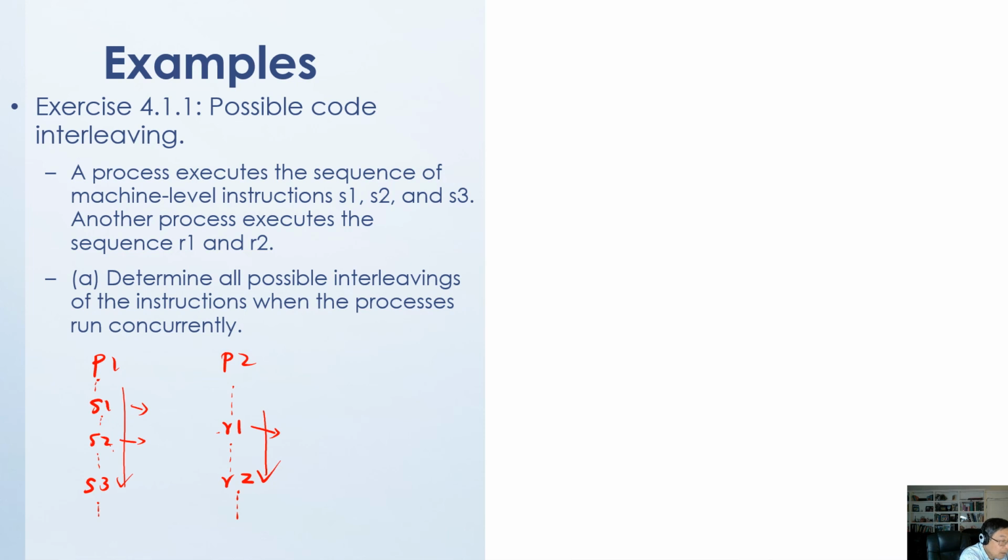The easiest scenario is process 1 completes all its machine level instructions S1, S2, S3, and then process 2 starts to execute R1 and R2. So now we have process 1, process 2: S1, S2, S3, and then process 2 starts. That's one order, right?